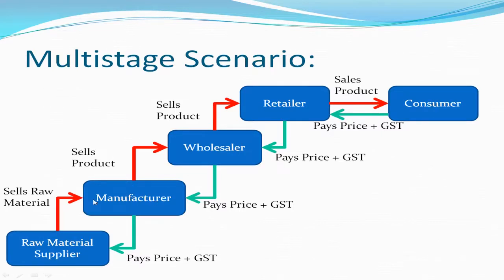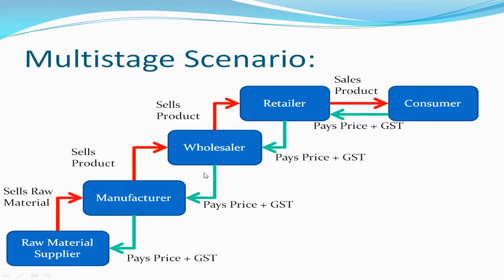Please notice when the raw material is sold, manufacturer is buyer, right? When the product is sold to the wholesaler, in this transaction, manufacturer becomes seller and wholesaler is buyer, right? In this transaction, wholesaler sells product to retailer, retailer is buyer, and now wholesaler becomes seller, right?